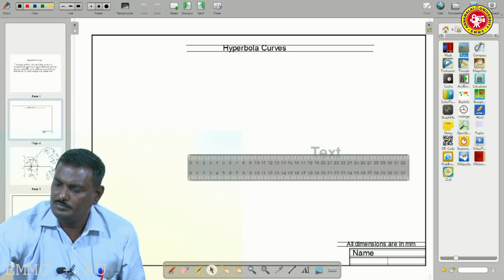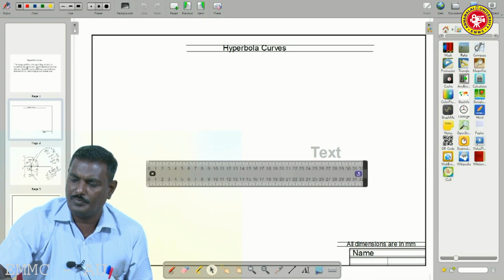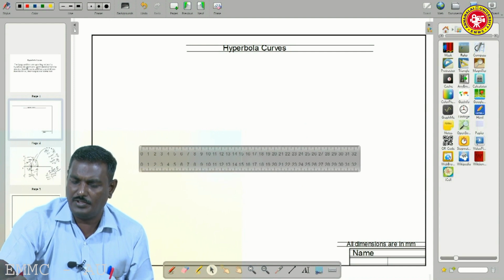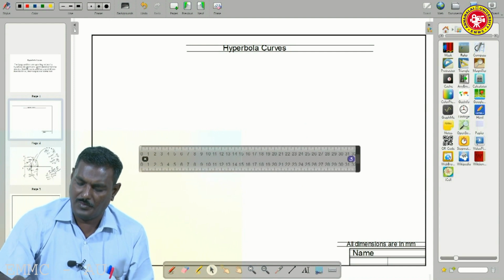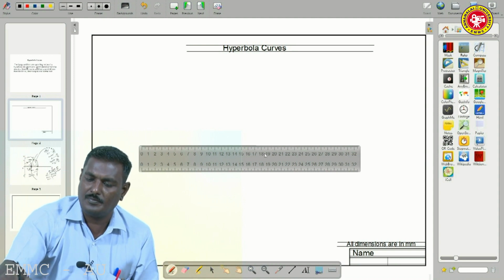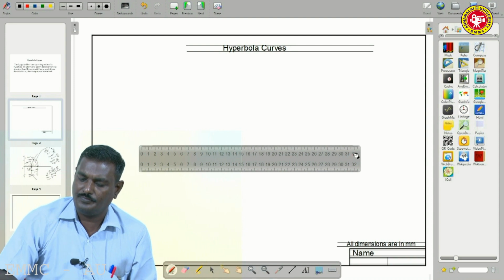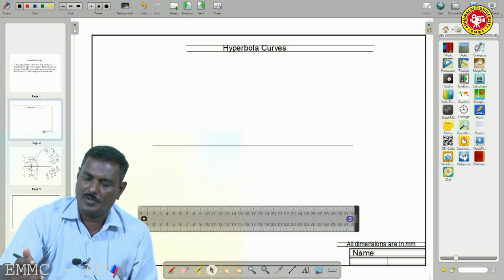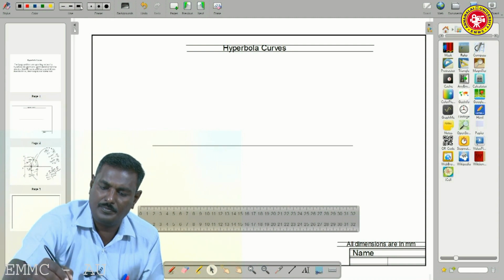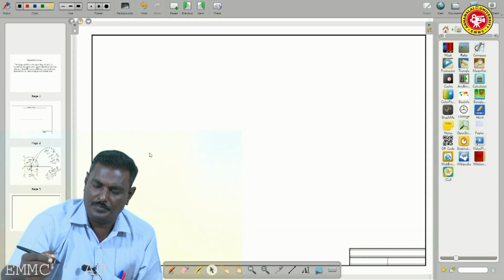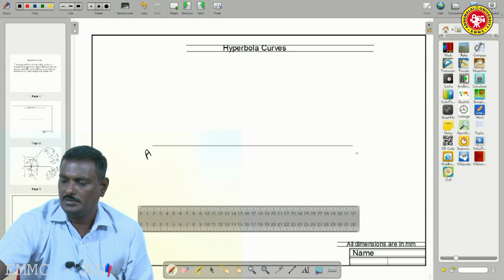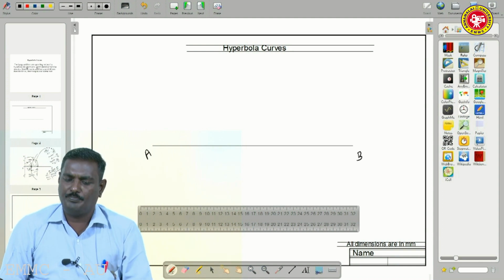So take the scales. Draw any length of line, that is the axis line. So line AB, any length of line AB.